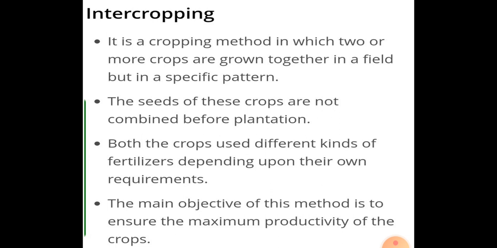Now these crops use different kinds of fertilizers depending upon their own requirement. So here the requirement of each and every crop is different, so that is kept in mind, and with that view that type of fertilizer is used for that particular crop. Okay, the main objective of this method is to ensure maximum productivity of the crop.